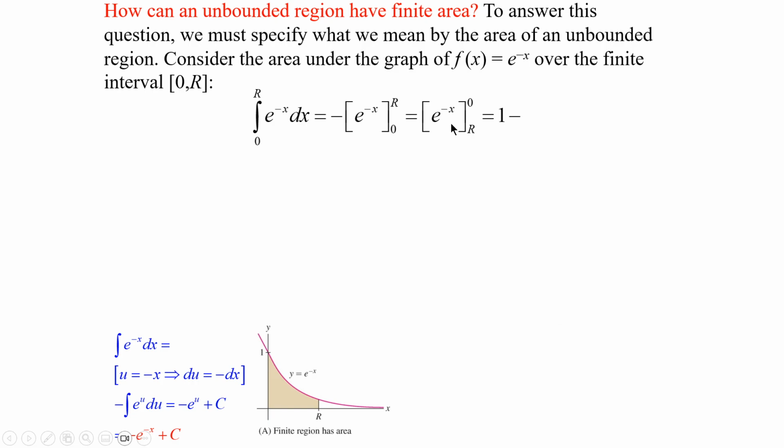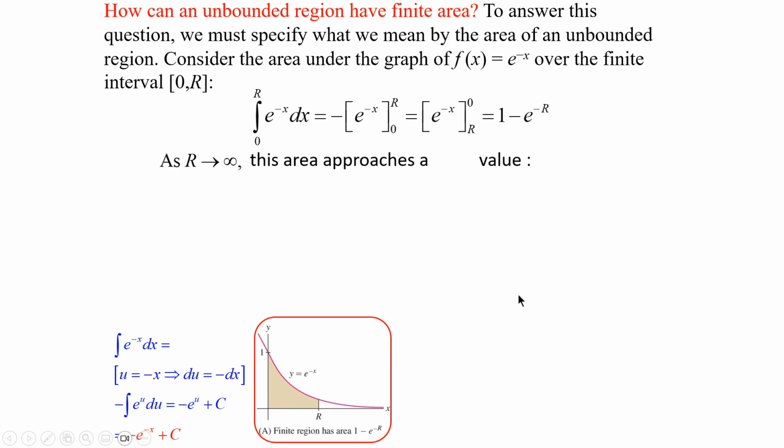And then I've got e to the negative r, or I could write that as 1 over e to the r, but I'm going to leave it like that for now. So we're saying this area is finite, and it is exactly 1 minus e to the negative r power.